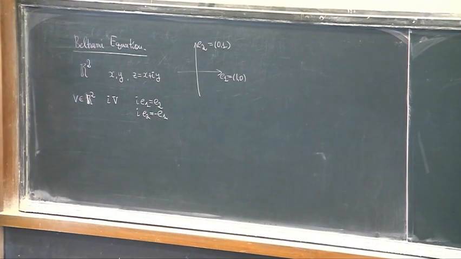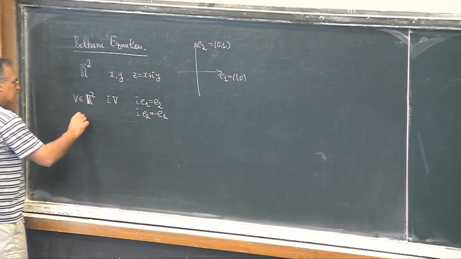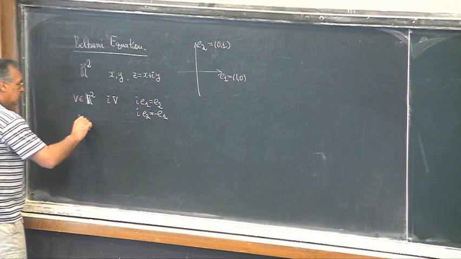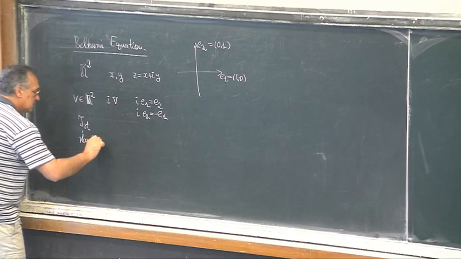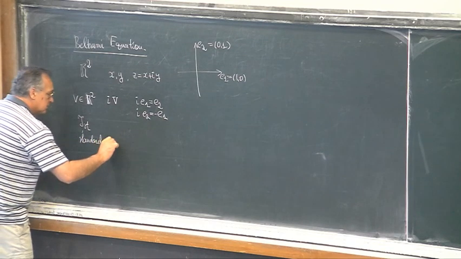Therefore, we can see this multiplication by i as an operator. It will be called the standard complex structure.